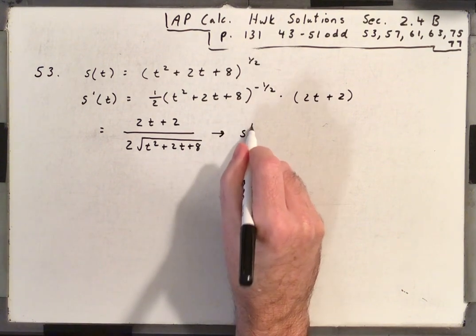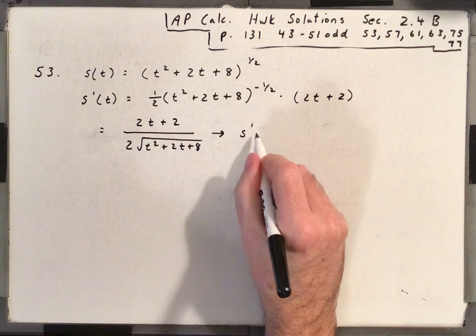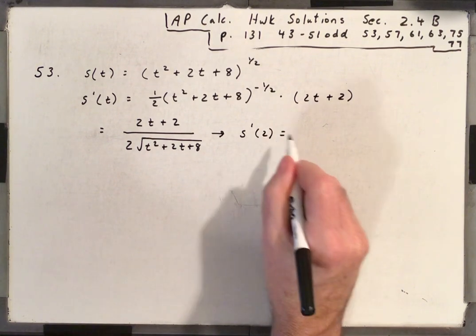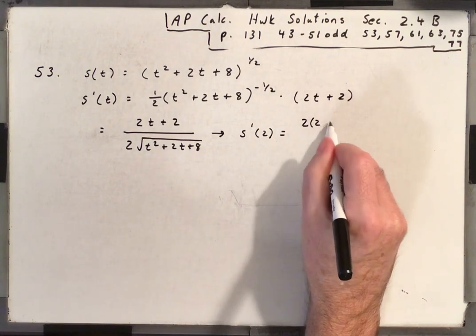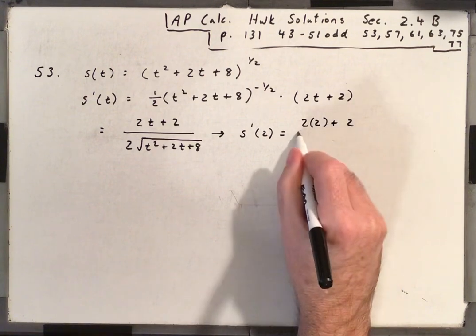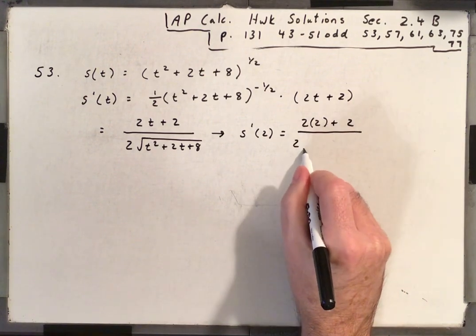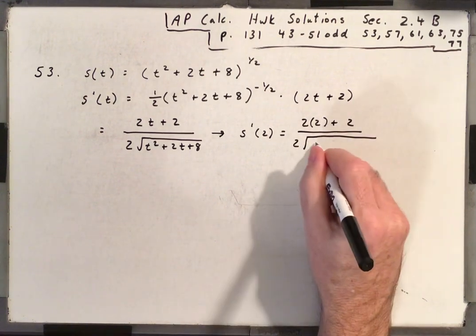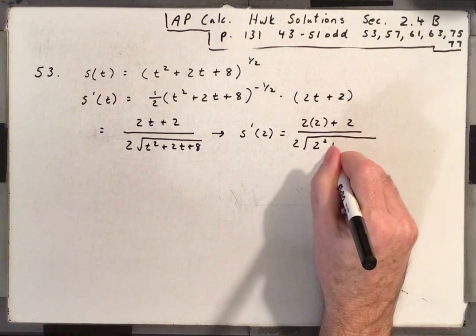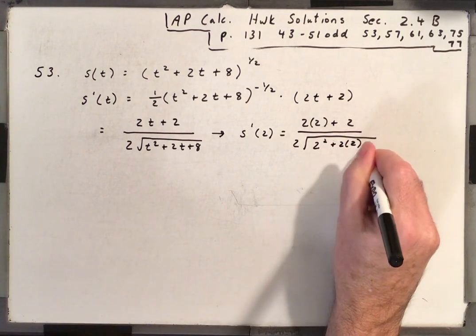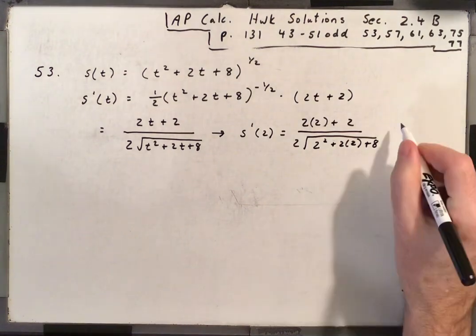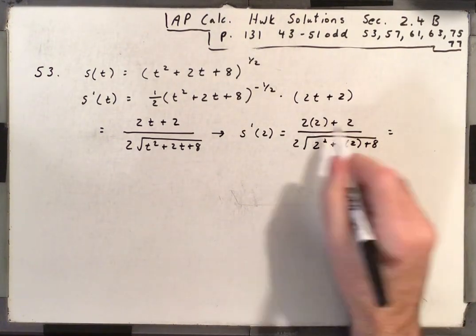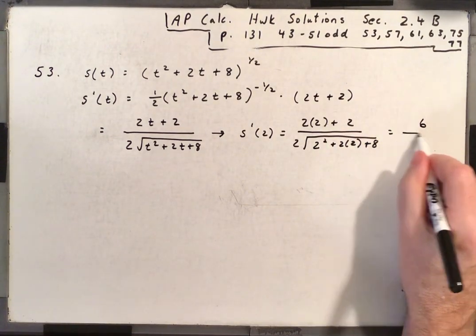So s prime, we're plugging in the x value, which is 2. That's going to be 2 times 2 plus 2 over 2 times the square root of 2 squared plus 2 times 2 plus 8. All right, 4 plus 2 would be 6.